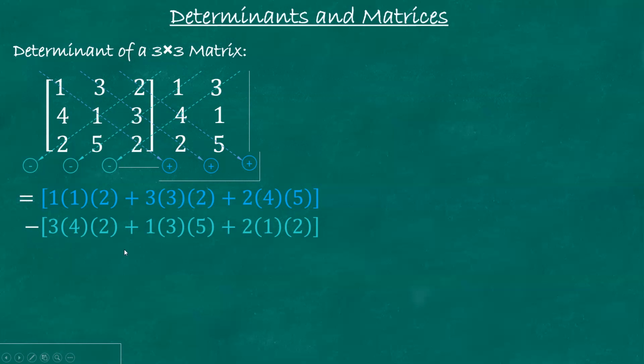Then compute all the positive ones minus all the opposite ones. So the determinant of the original matrix is equal to 17.